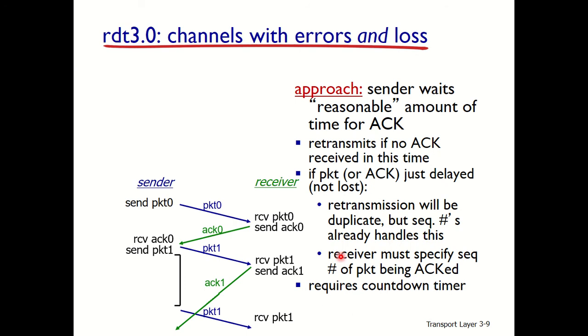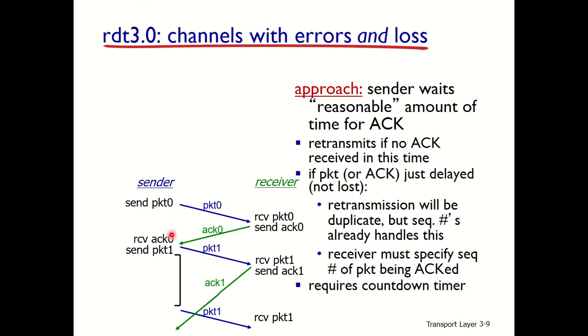In order to cope with the underlying channel, packets can experience packet loss. So how can we address this problem? We can address it by using a countdown timer. What does it mean? Whenever a packet is transmitted, a countdown timer is started.